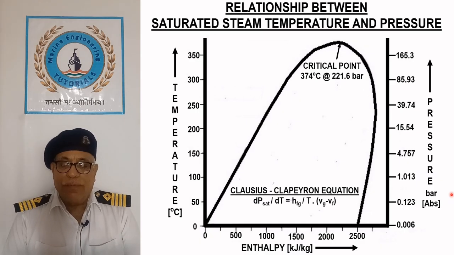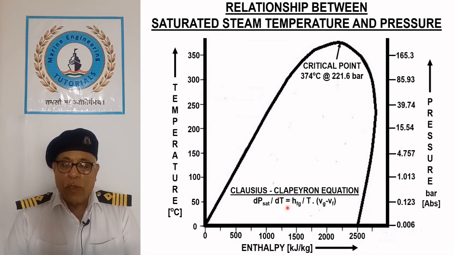This thermodynamic relationship between the saturation temperature and the saturation steam pressure is given by the Clapeyron equation, which states that the rate of change of saturation pressure with respect to saturated steam temperature is equal to latent heat of vaporization hfg divided by absolute temperature T multiplied by the difference between specific volume of vapor and liquid, that is vg minus vf.